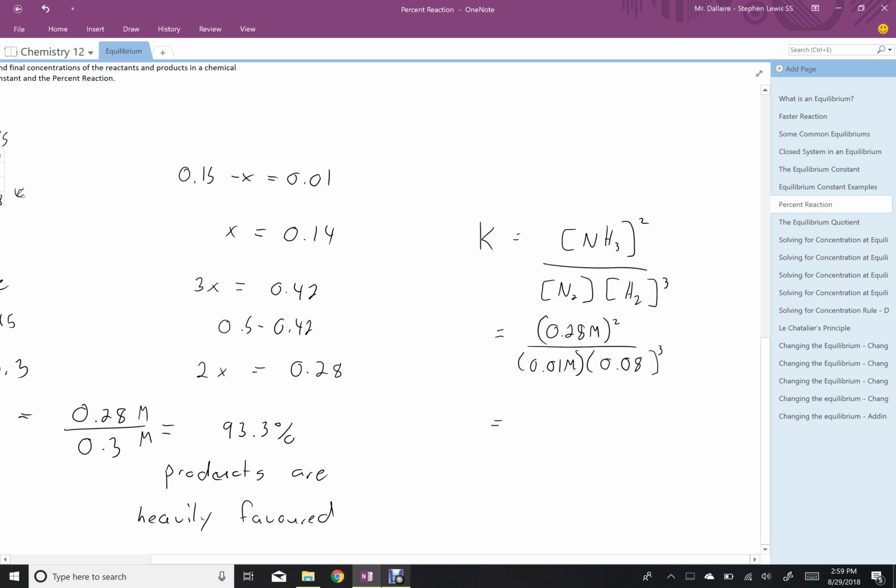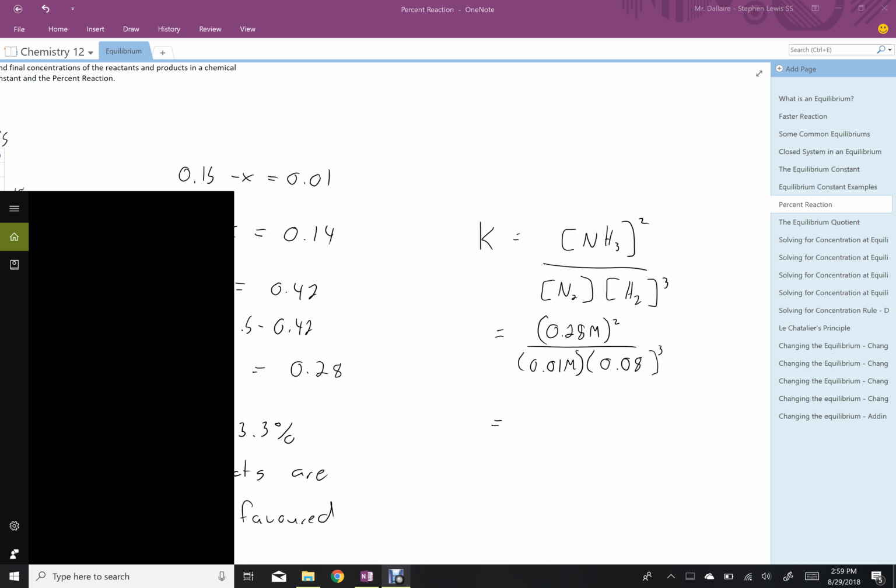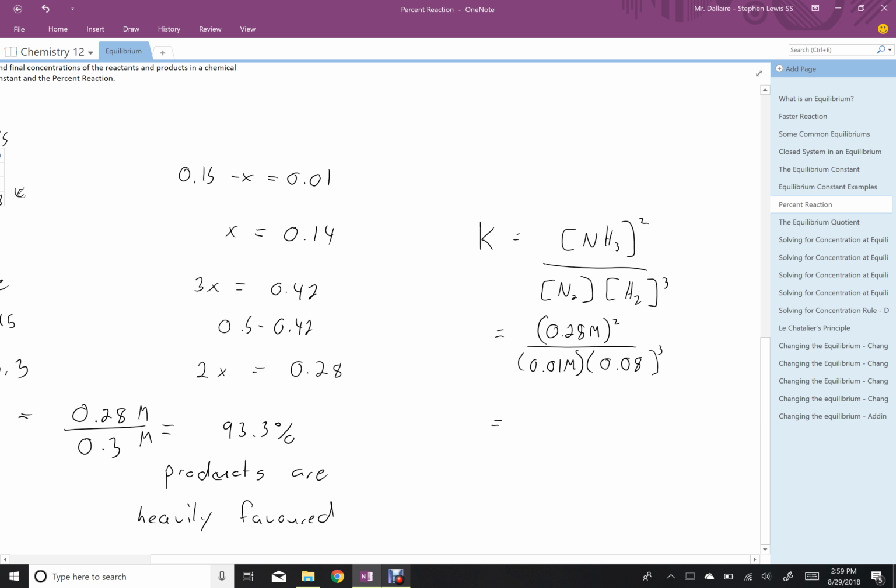So 0.28 squared divided by 0.01 divided by 0.08 cubed. And I get 15,312.5. So obviously a very, very big value.